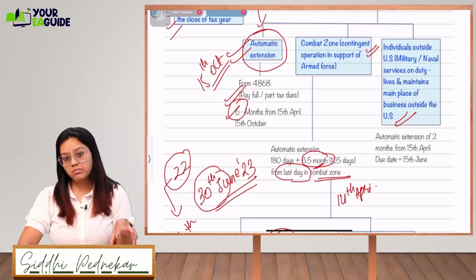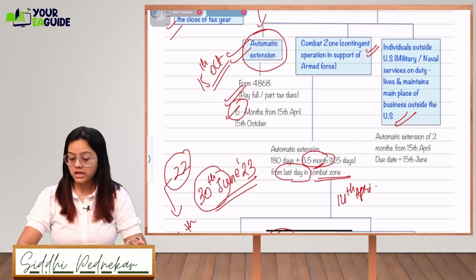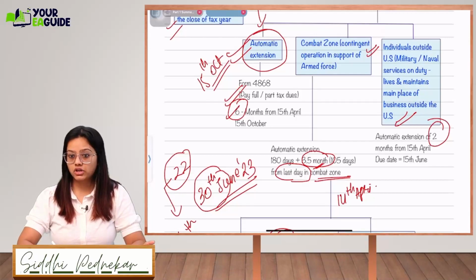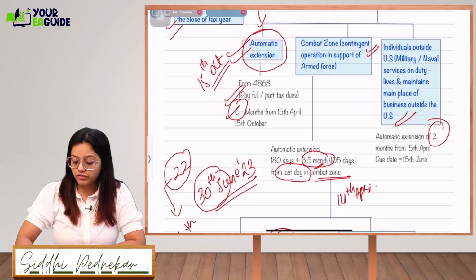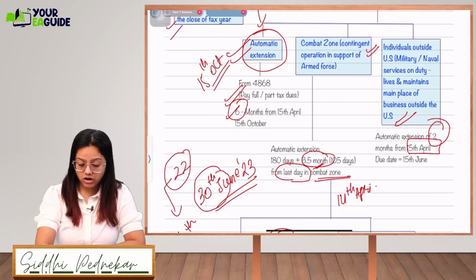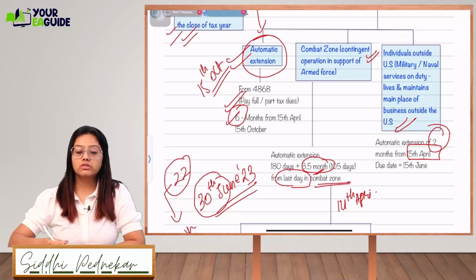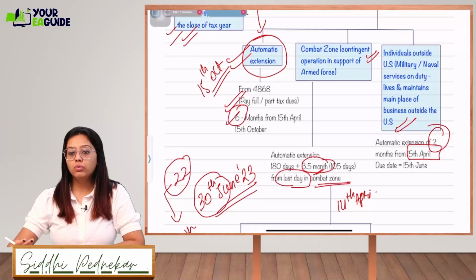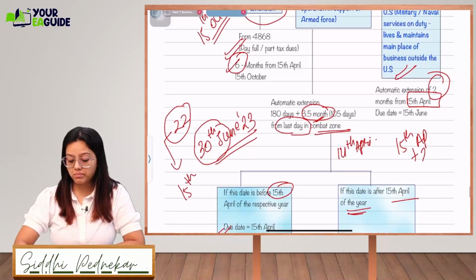So at the time of filing the tax return, if the person is staying outside the US, then there will be an automatic extension of 2 months from 15th April. Along with the 6 months, which you are anyway going to get, you will also get the automatic extension of 2 months extra. Means from 15th April, you are going to add 2 more months. So it will be 15th of June.